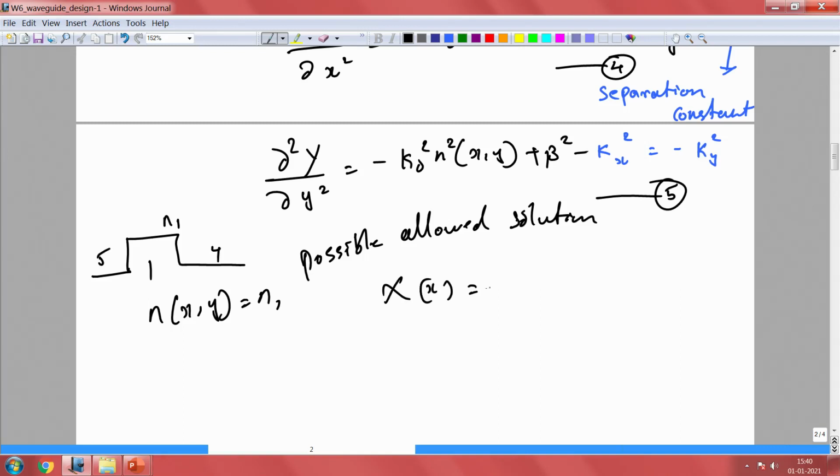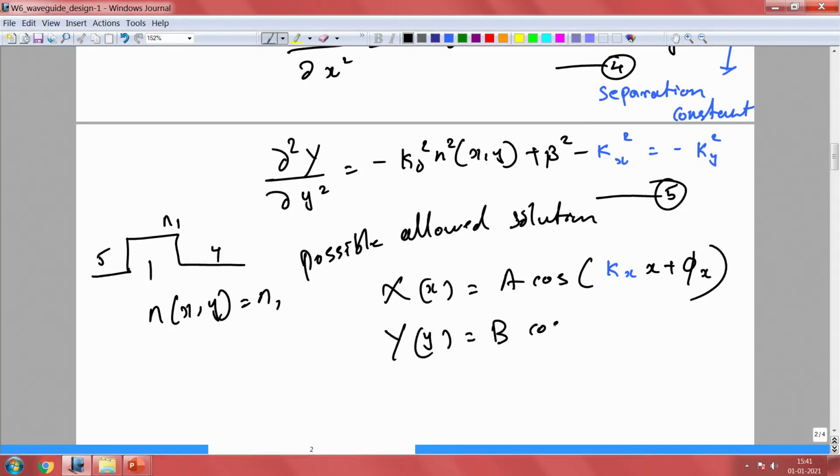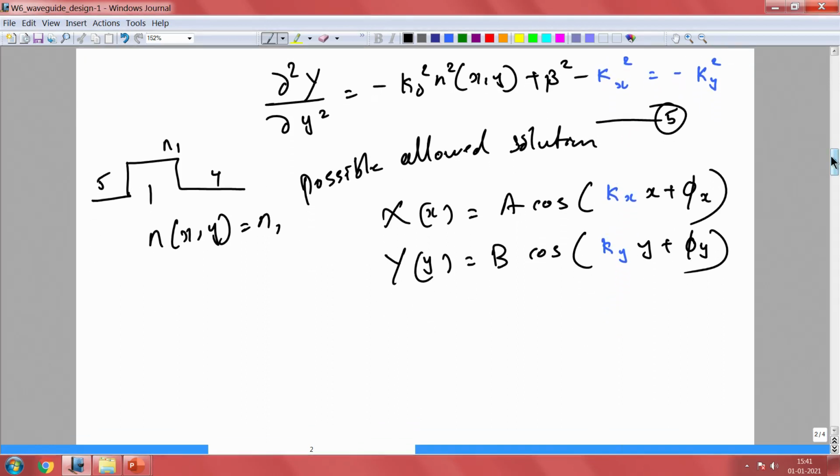X(x) will be A cos(kx x + φx). Similarly, for y you will have B cos(ky y + φy). In this case, φx and φy are nothing but phase constants that are adjusted to match the boundary condition.